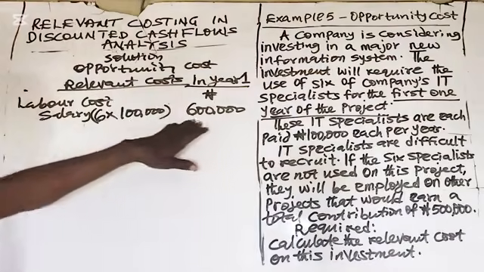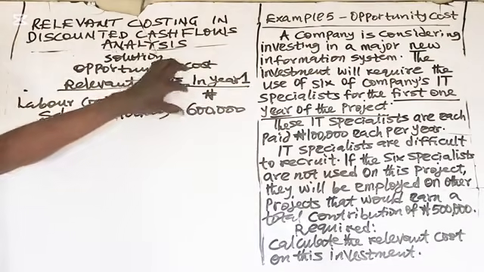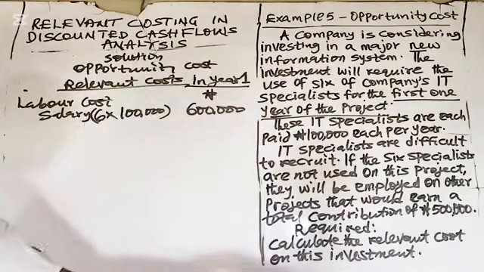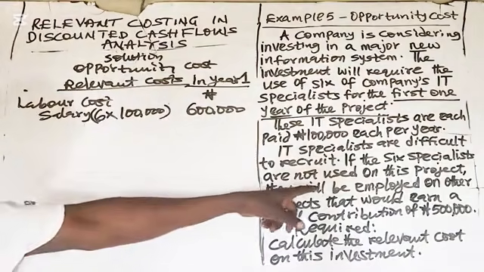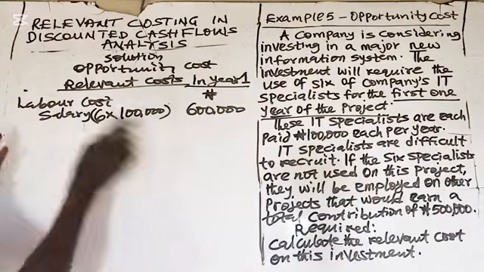Because you want to use the IT staff in this project, you will not be able to use them in the alternative project that will earn a contribution of 500,000 naira. So that contribution will be lost, because you can't use them in 2 places.